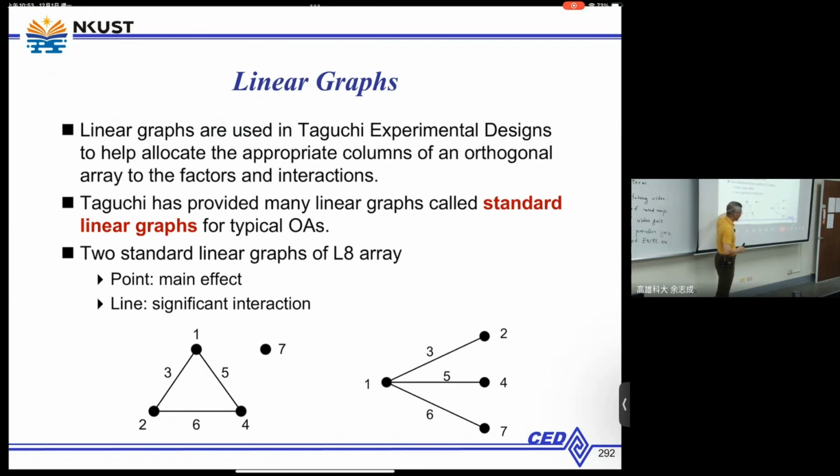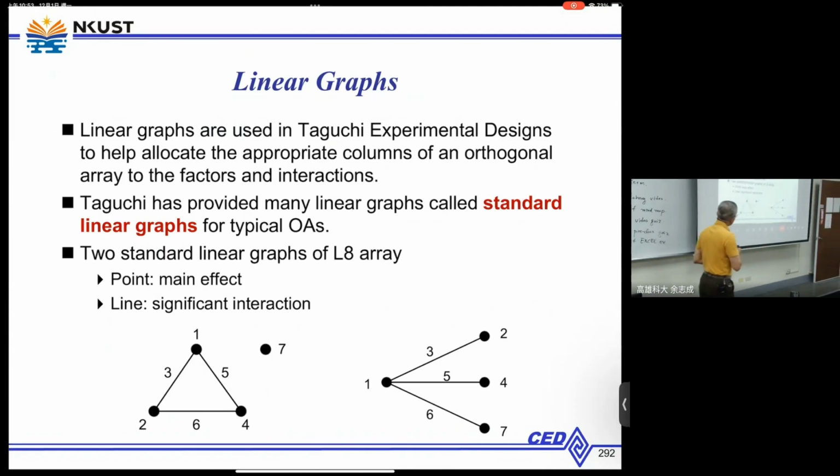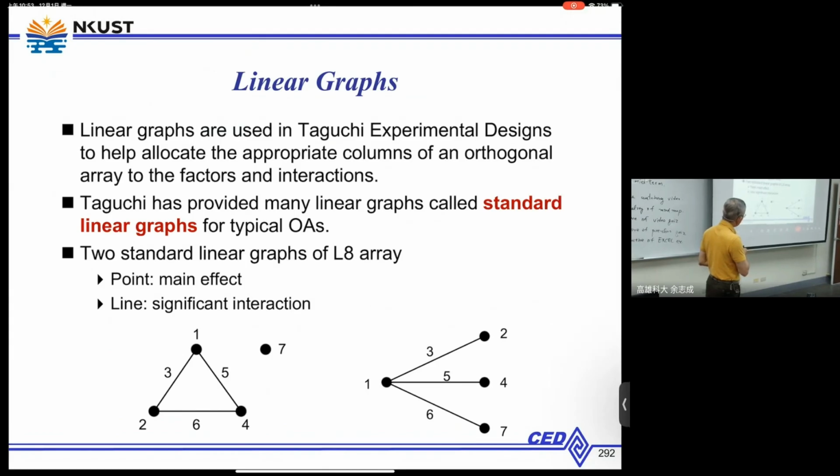Since column 3 is a line, you will not assign main effects to the line, which means that the main effects will not be confounded with these interactions. So basically, assign main effects to points, assign important interactions to the lines.